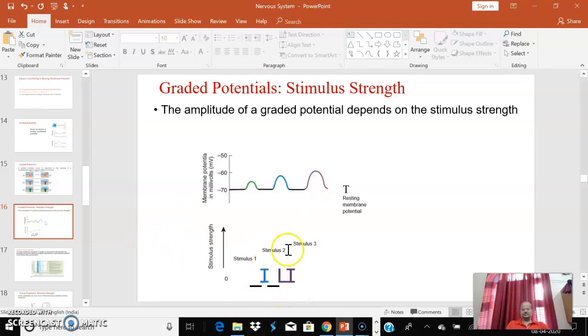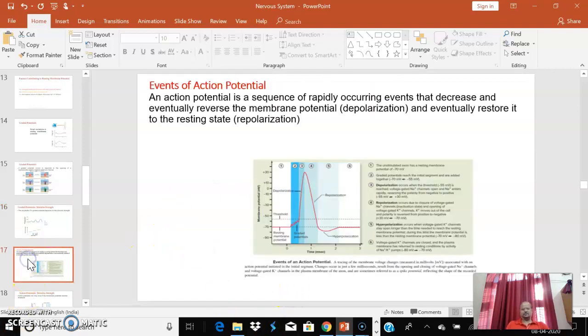In this process, a number of channels are open and closed in that particular response. The specialty of the graded potential is that it travels a short distance.